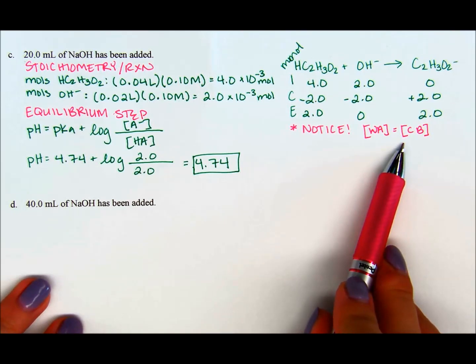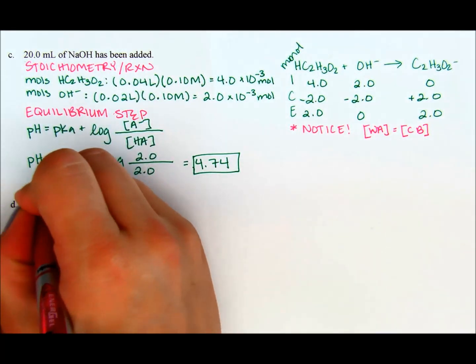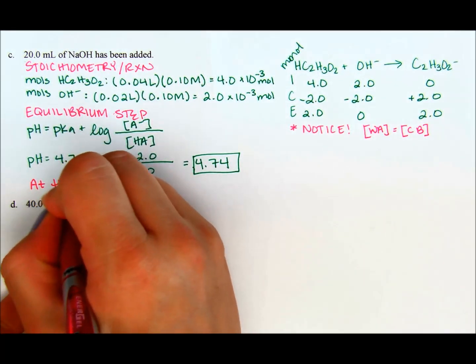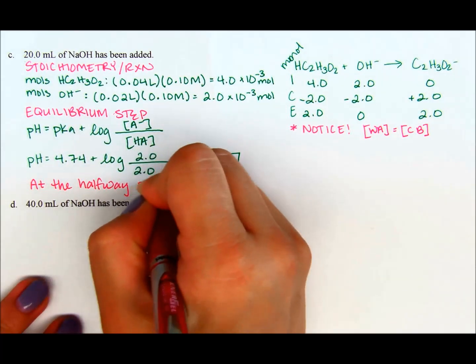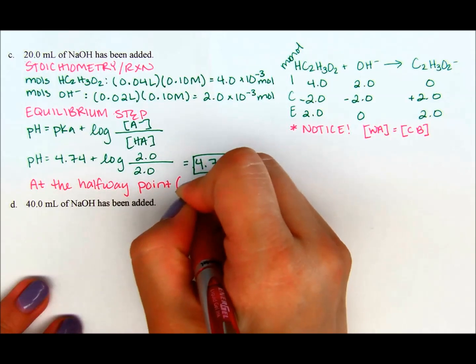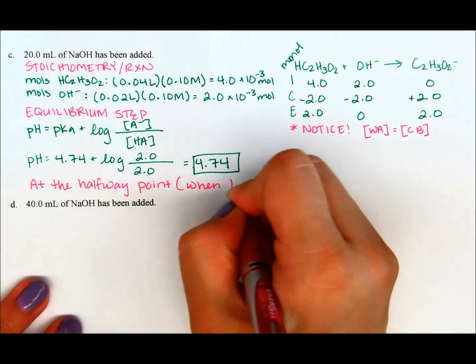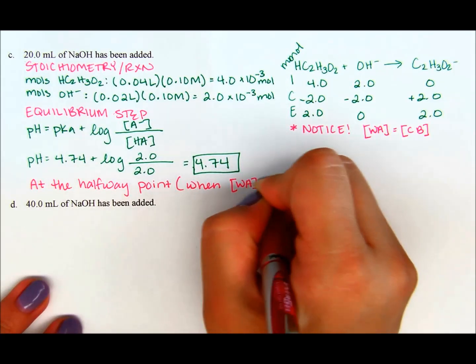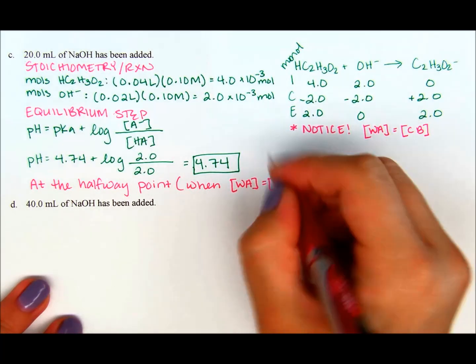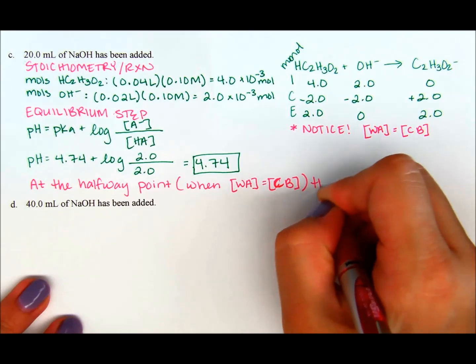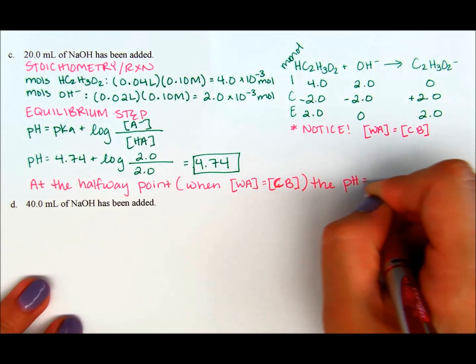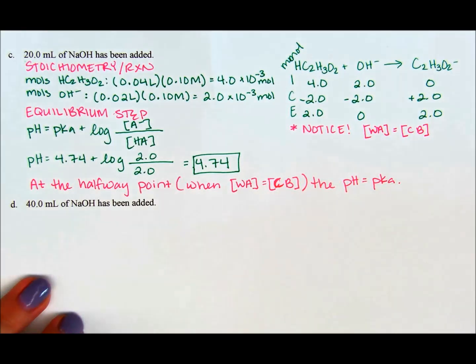So that's at the halfway point. At the halfway point, that is when the concentration of your weak acid equals the concentration of your conjugate base, the pH will simply equal the pKa.